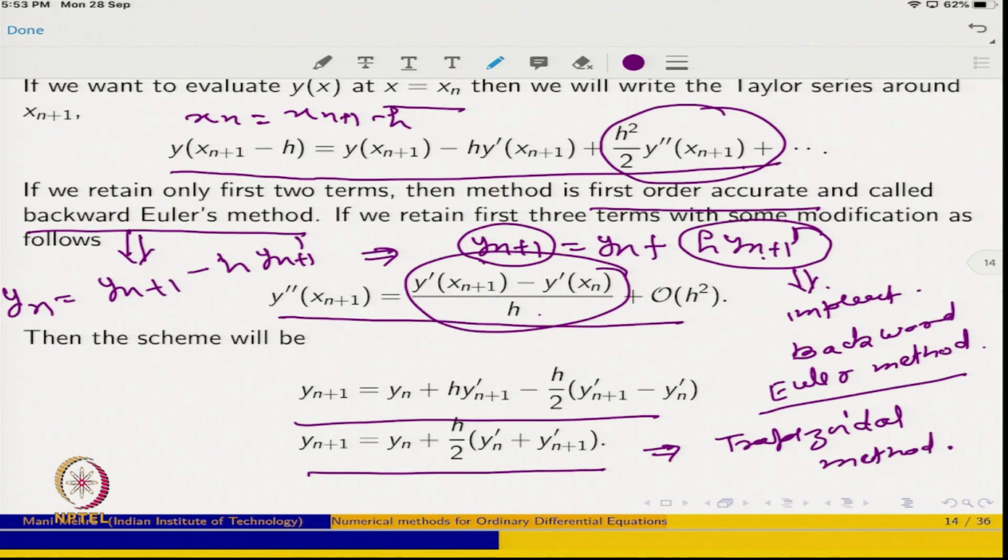So, let me stop this lecture here itself. In the next lecture, geometrically also, I will explain why this is called the trapezoidal method.